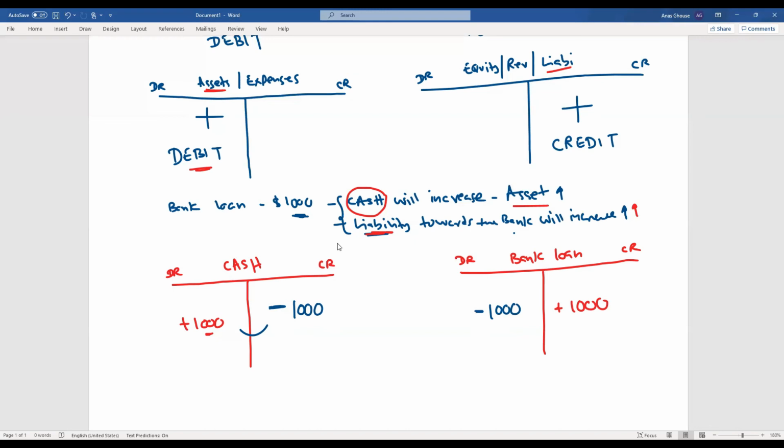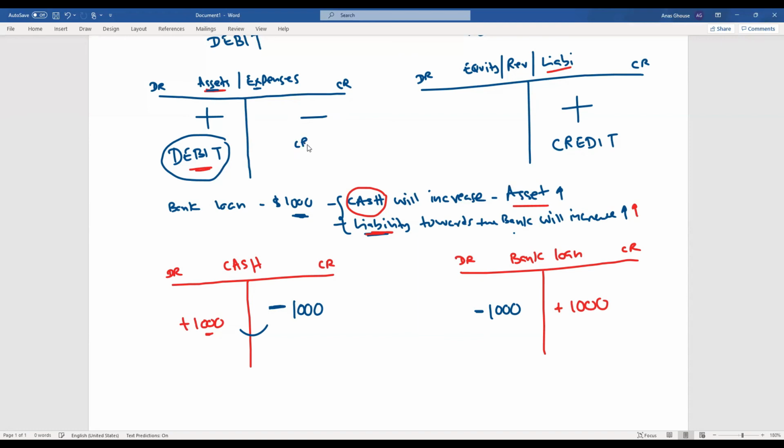Okay. So therefore, the rule is always: an increase in assets or expenses should be debited. It's a debit entry. A decrease in assets and expenses is credited.